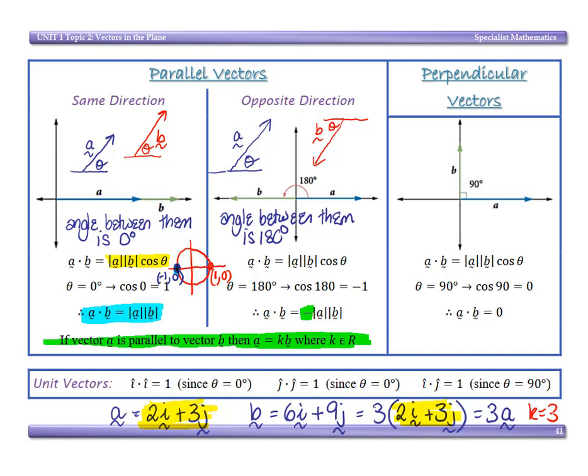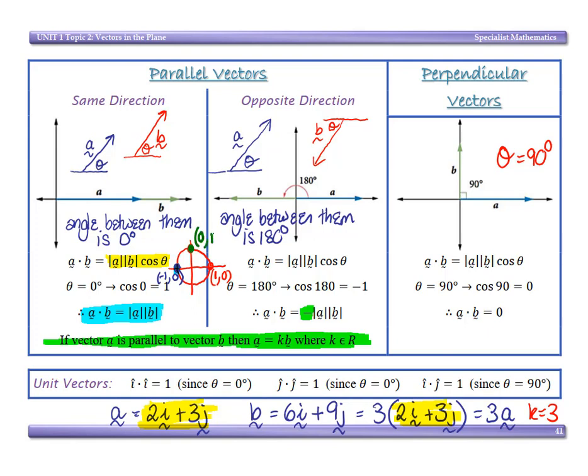Now, for perpendicular vectors, you have a right angle between vector A and vector B. So you can see that in this diagram here. So that means my theta, the angle between the two vectors, is 90 degrees. Now, going back to that little unit circle diagram, I'm now up here.